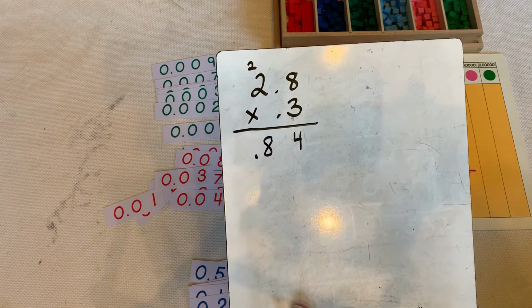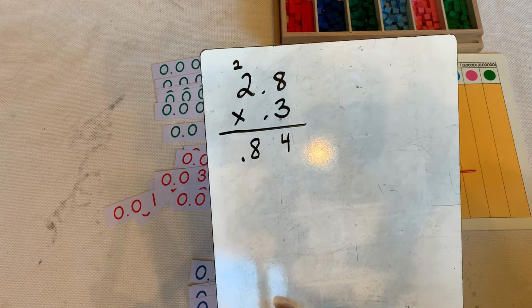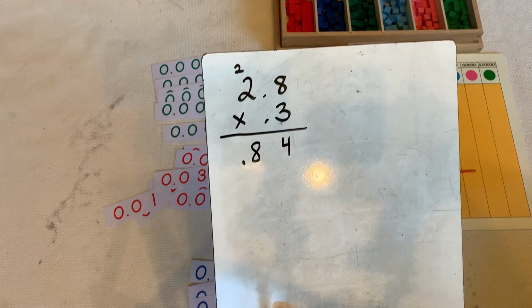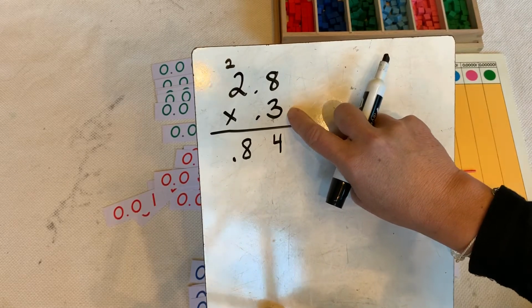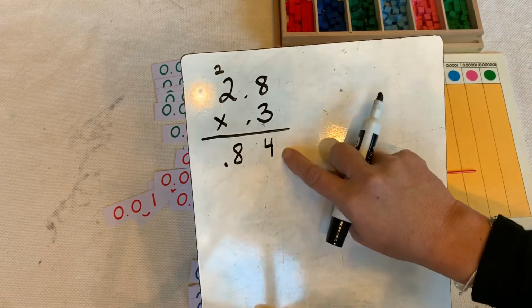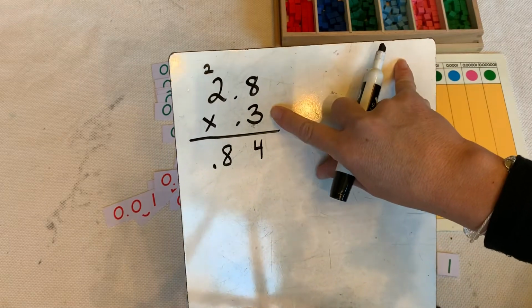You might wonder, well, gosh, that number is smaller than 2.8 because 2 is a whole number, right? But remember, when we multiply by a number smaller than 1, our answer will be smaller because you're basically dividing now.